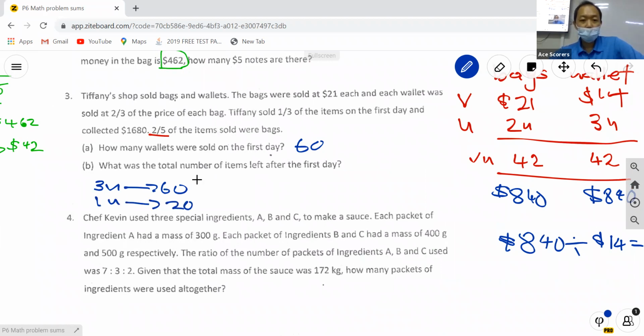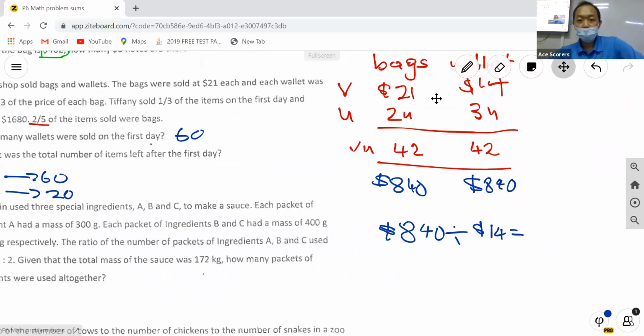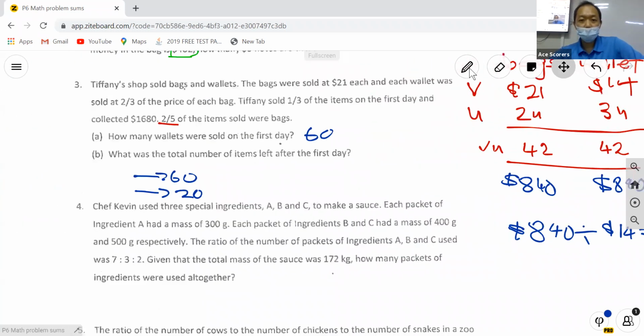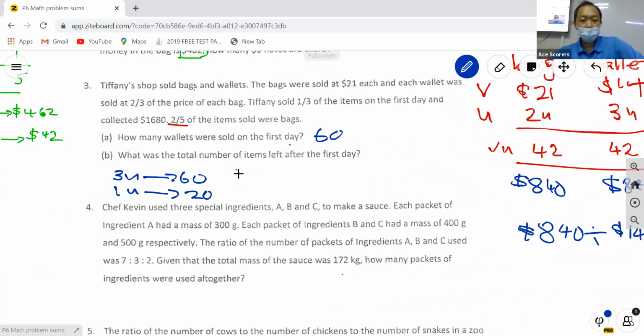What was the total number of items left after the first day? What's the total number here? 5U. So 1U is 20, 5U is 100. So 5U equals 100.